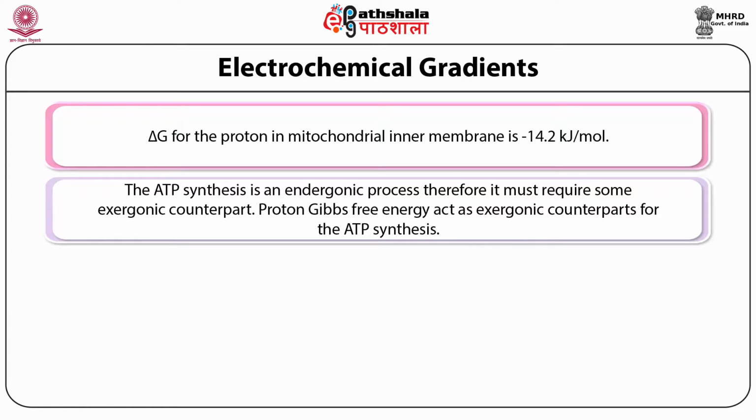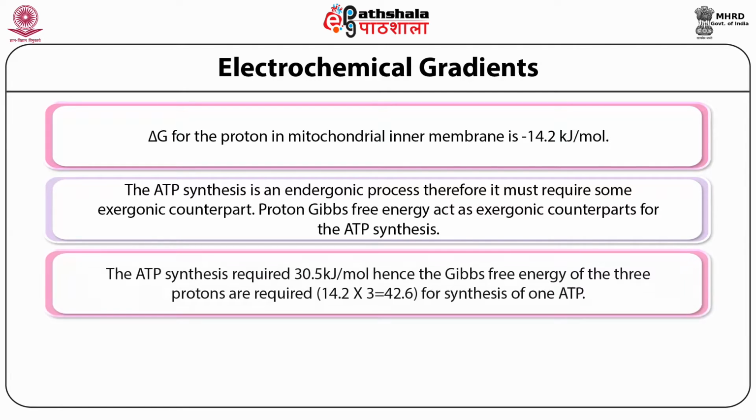per mole. The important point to remember is that for the production of 1 ATP, we need minus 30.5 kilojoule per mole of energy, and you know that we don't have any coupling site here until the delta G of the proton is utilized by ATP synthase to produce ATP.